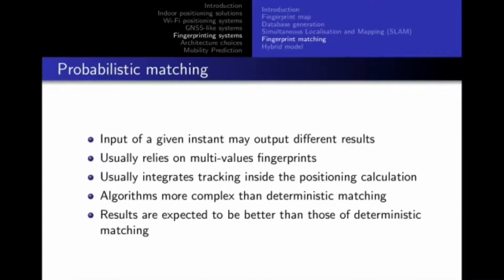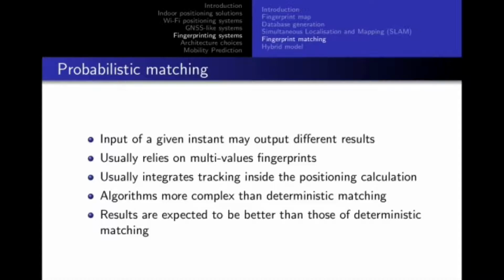For probabilistic matching, an input can give several outputs given the instant and the context in which it was input. It usually relies on multi-value fingerprints and usually on random distributions.